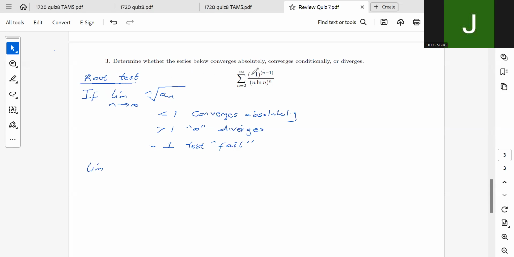So for the root test, let's take this one as the numerator as 1, the power of n minus that. So that's the numerator as 1. And then we do the other one with minus 1 in the next part.